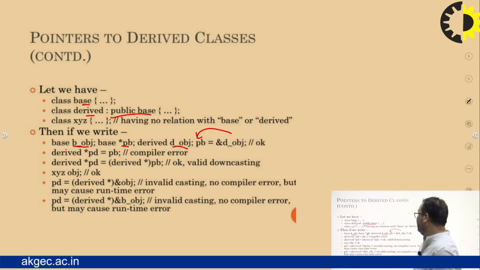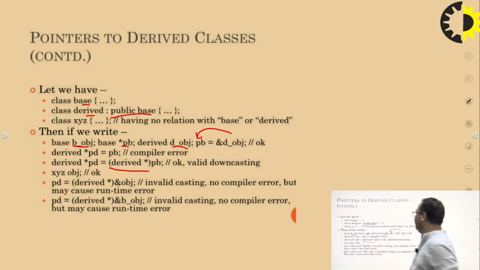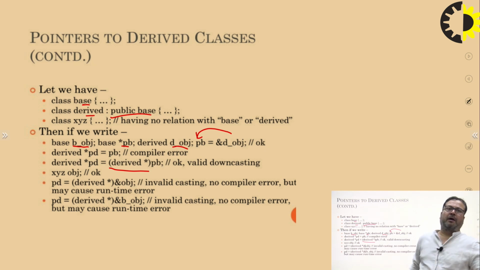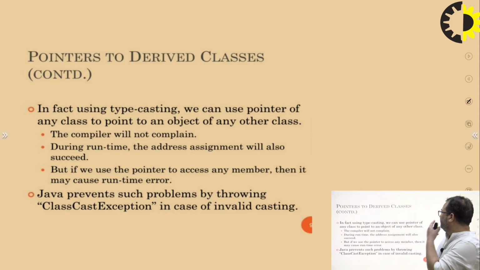This is okay, but if you write it like this, the compiler will give an error. Once you downcast, that is, typecast, then it is okay. This is something one should keep in consideration.